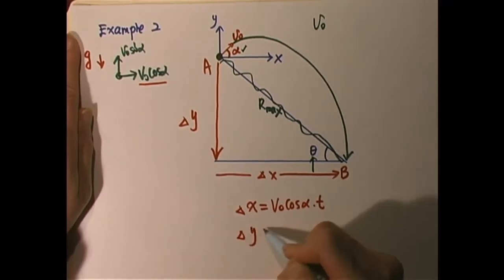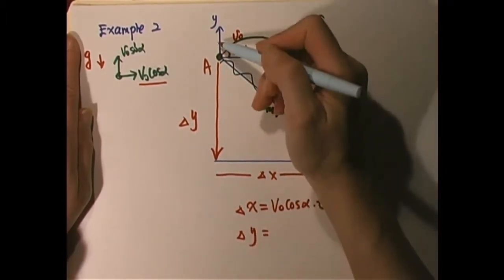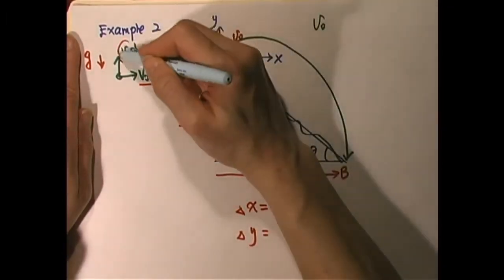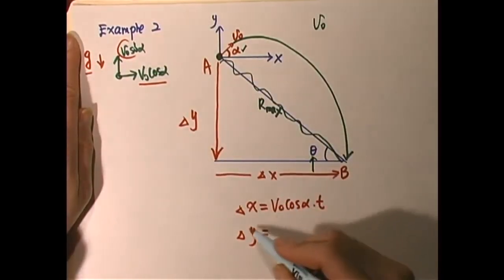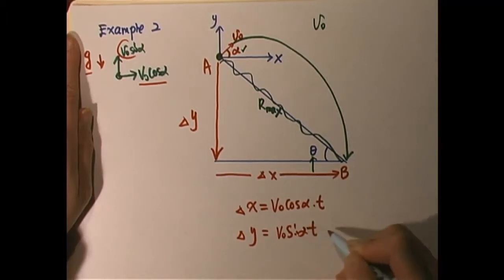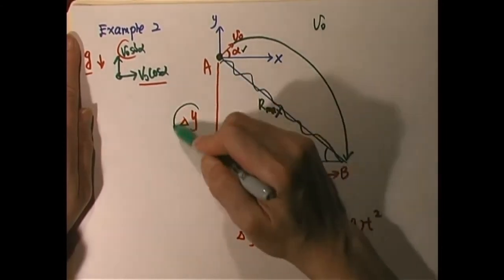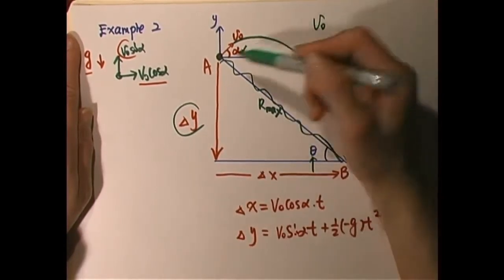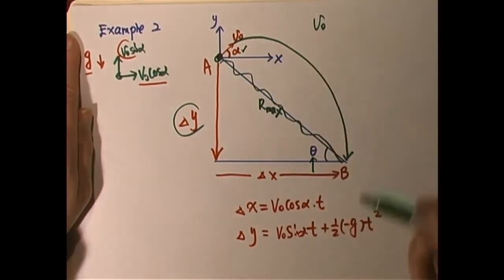How about delta y? Delta y equals V initial sine alpha times t plus 1/2 a_y, that's negative g, t squared. Delta y is negative. Why? Because you see, it's going down.